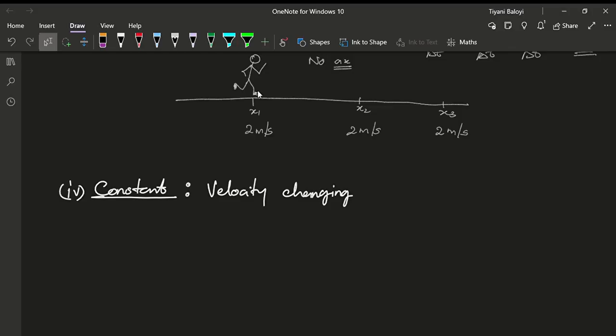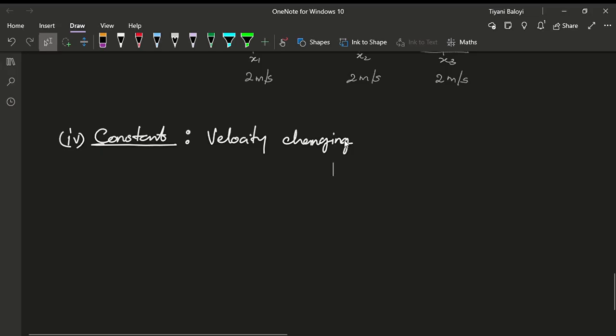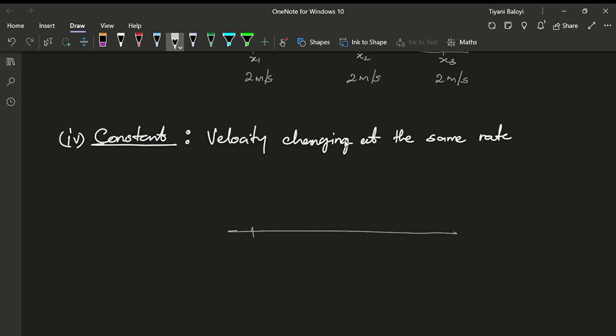When there's no acceleration, it's a constant velocity. But what happens when velocity is changing at the same rate? So what does this mean? Let's try to show it here. I'll show x1, x2, x3, x4.